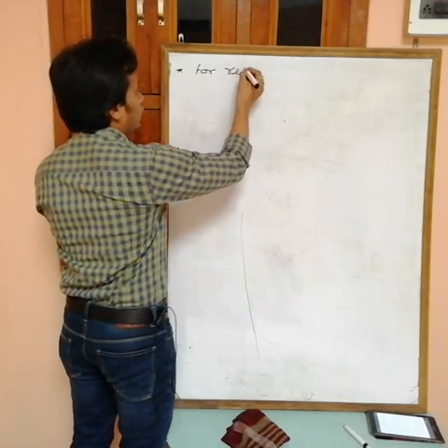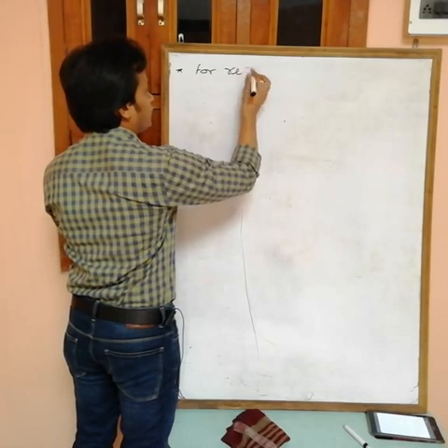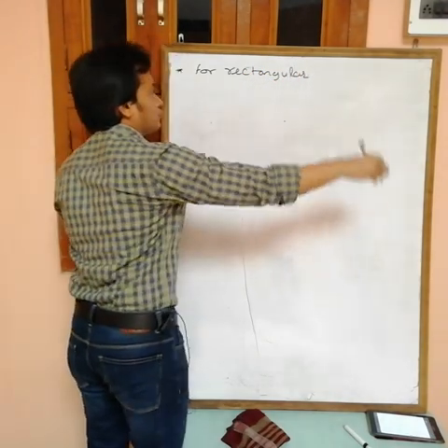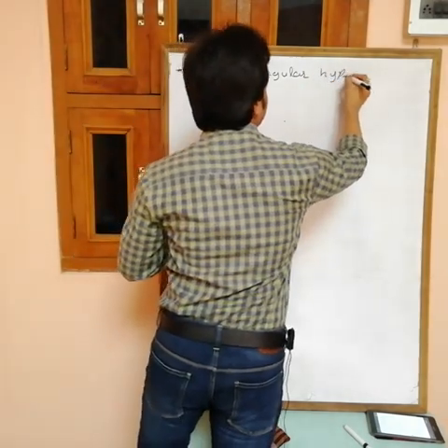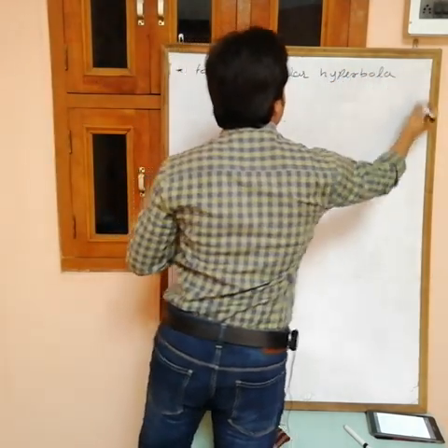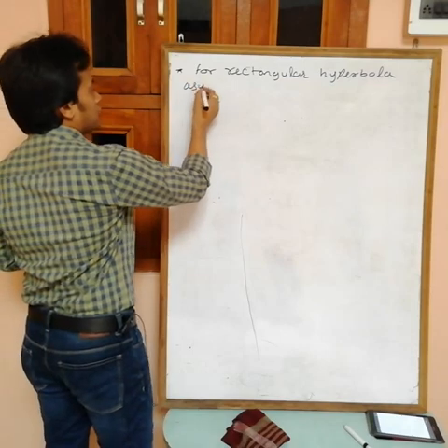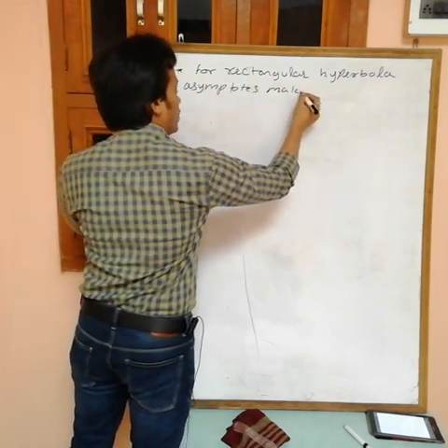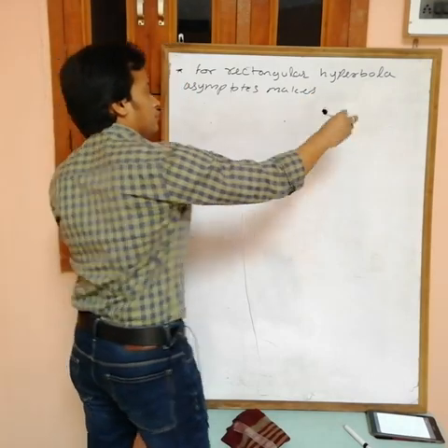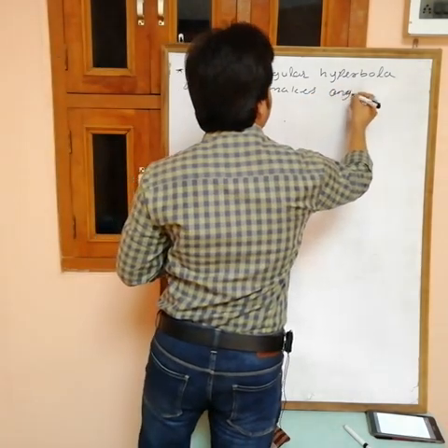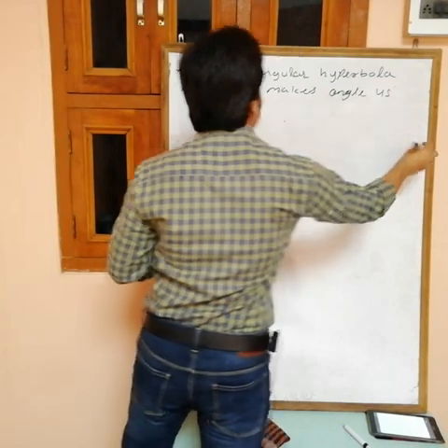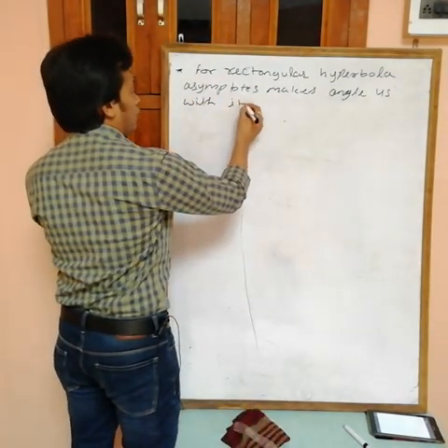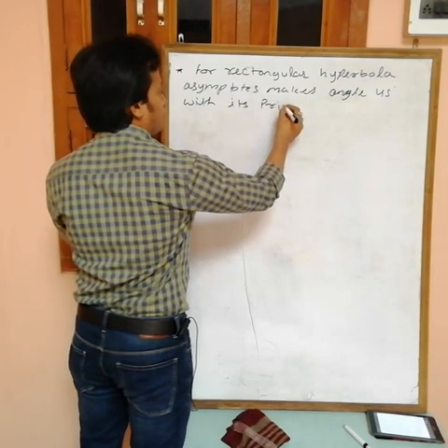For a rectangular hyperbola, asymptotes make an angle of 45 degree with its principal axis.